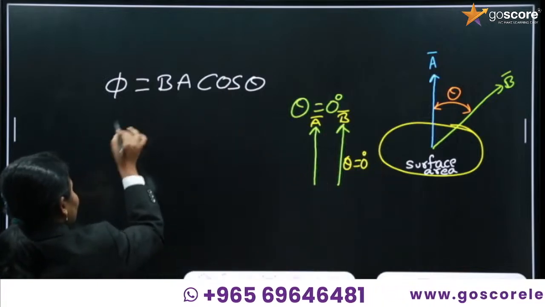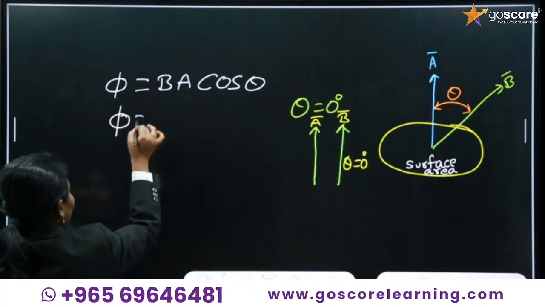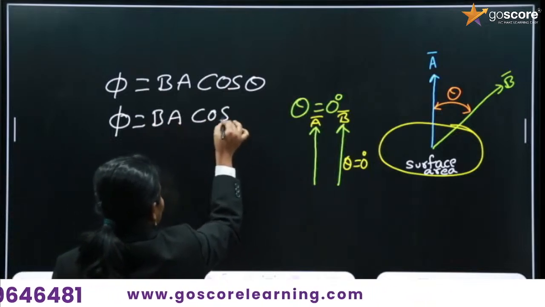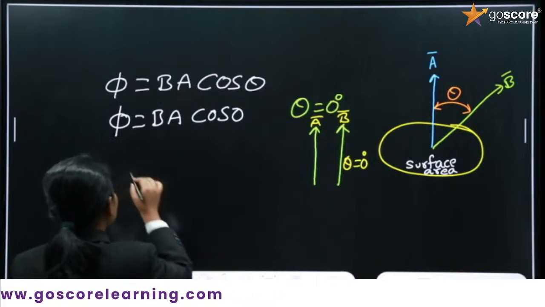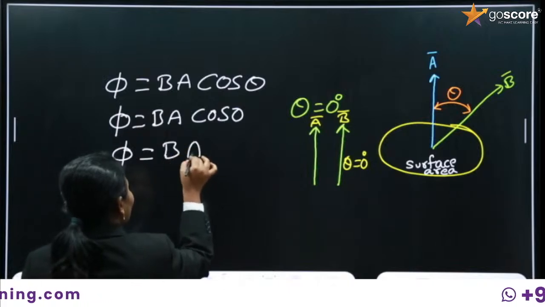Substitute the theta here: phi is equal to BA cos 0. What is cos 0, guys? 1. Then phi is equal to BA.